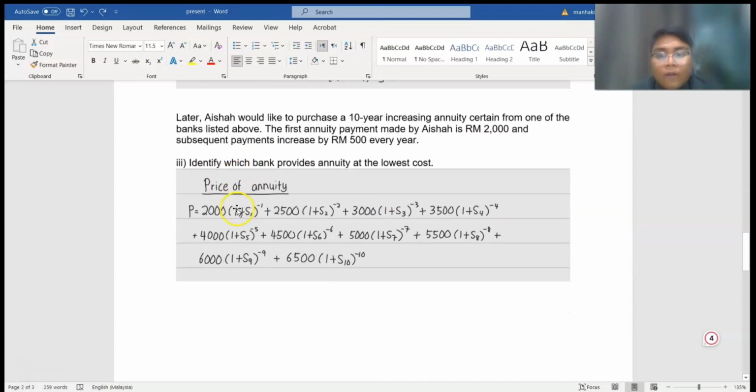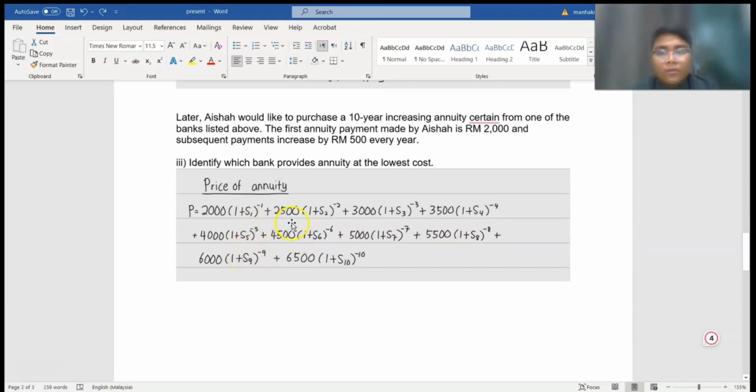Alright, to find the price of the annuity, yes, it is an increasing arithmetic progression annuity, but we have a different spot rate for year 1, year 2, year 3, year 4, and until year 10.